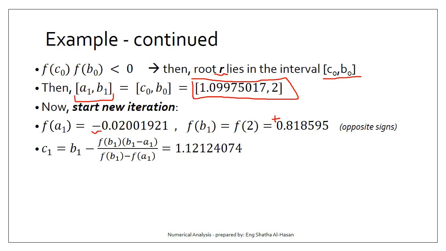We will have this value for C1. This is our new approximation for the root. Now we will check again if f of C1 is positive or negative. We have this value, which means that f of C1 is positive.